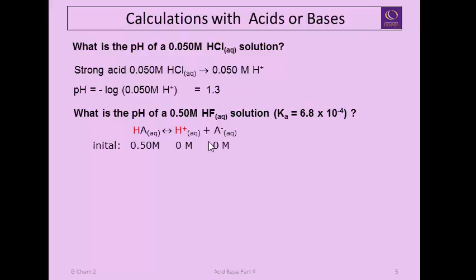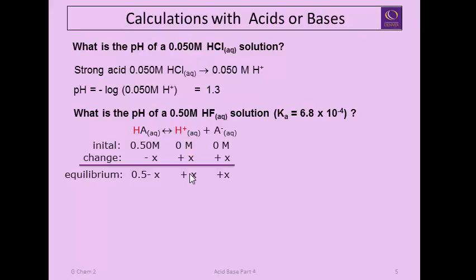If you set up an ICE table, you say, well, initially I have 0.050 molar HA, or the hydrofluoric acid in this case, and the protons and the free anions from anything that's dissociated are 0 molar in essence. The change is whatever amount dissociates from the HA, which is the amount of H plus, or hydronium ion, and anion that's formed.